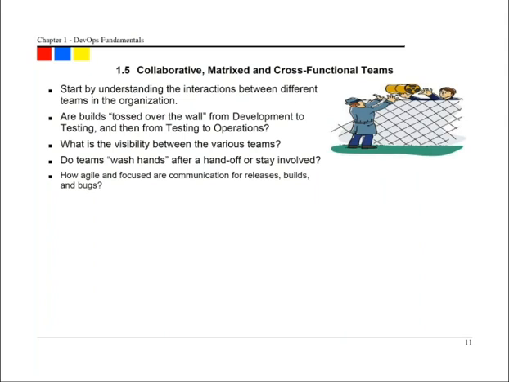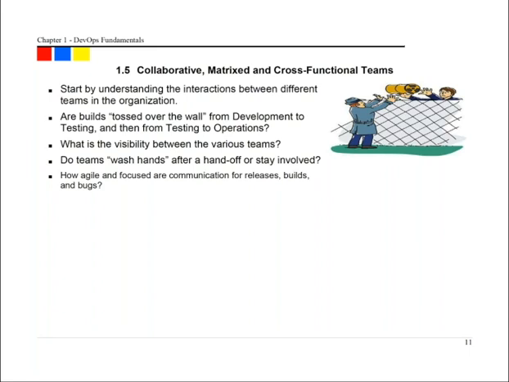Now, there's a lot of tall orders in here. DevOps depends on, first and foremost, being able to have collaborative cross-functional teams. And part of this slide is about how you tell whether you're really there. Do you have issues? I mean, think about your organization.